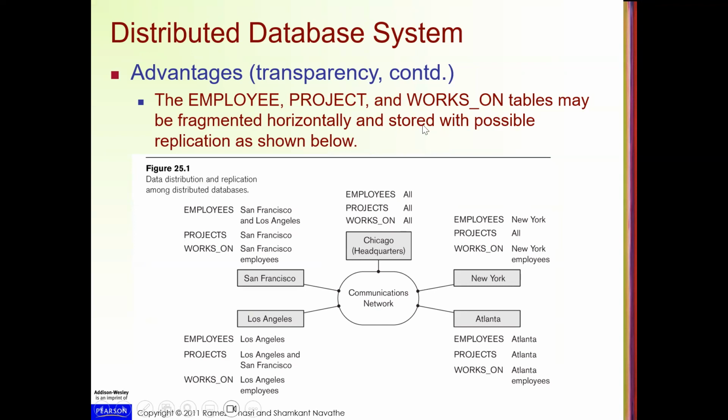Another example of transparency is given by this figure. We have a communication network connecting the company's New York, Atlanta, Los Angeles, San Francisco, and Chicago branches. All these branches of the company are connected, and the employees table is split horizontally, meaning the rows of the employees table for those who work in San Francisco, or whose project is in San Francisco, are stored inside this table.